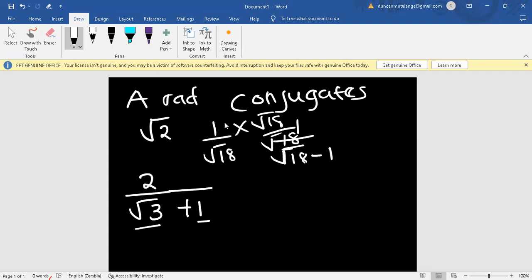For example, if they give us such an expression and ask you to simplify it, you need to multiply it by its conjugate. Its conjugate means the same expression, but it just changes the sign. So for example, the conjugate of root of 3 plus 1 is root of 3 minus 1. Then you call these two terms conjugates.